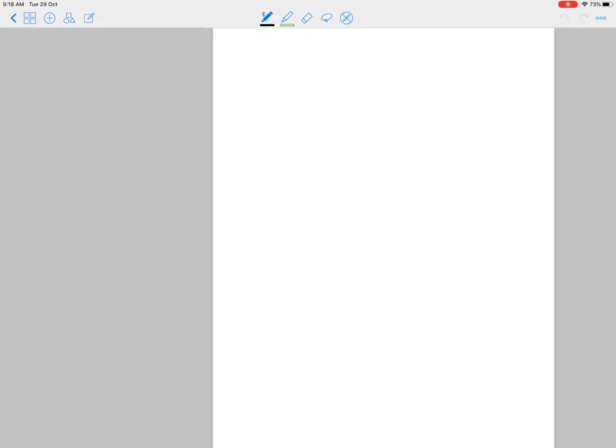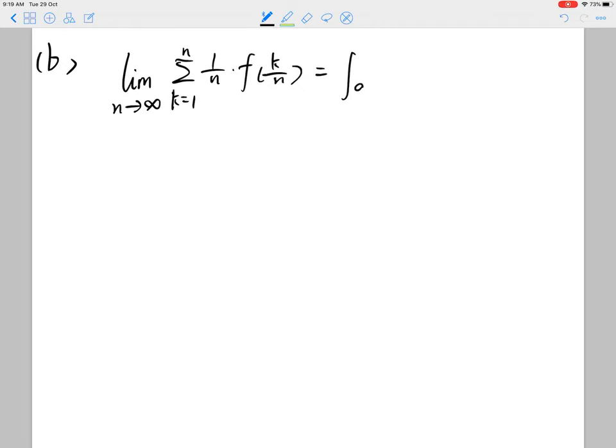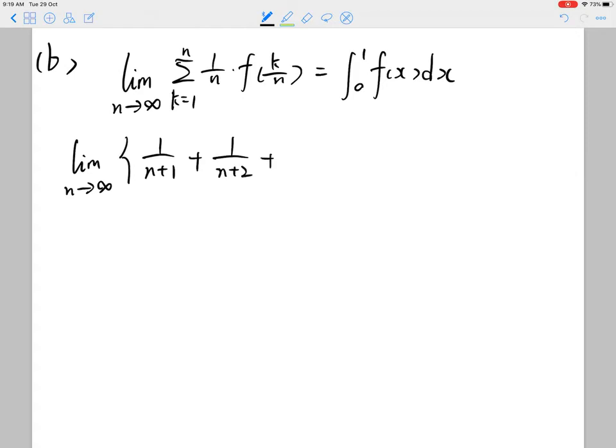So this part is 2 over pi. All right, so part B. Again, we copy the formula. It's the limit of summation of 1 over n times f(k/n) equals the integration of f(x) from 0 to 1. In part B, the left side is the limit of 1 over n plus 1, plus 1 over n plus 2, all the way to 1 over n plus n.